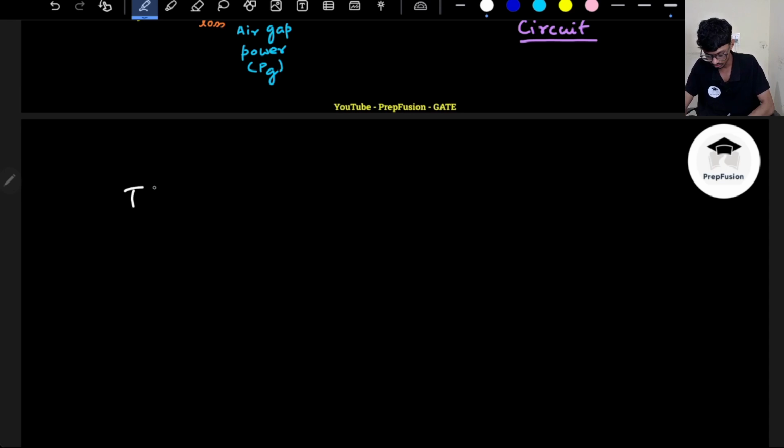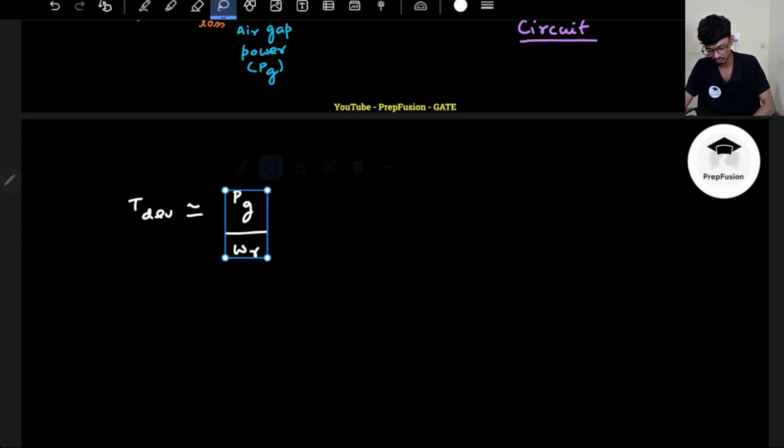So approximately the developed torque, or the air gap torque, comes out to be the air gap power Pg divided by omega r, because the rotor is rotating with a speed of omega r.